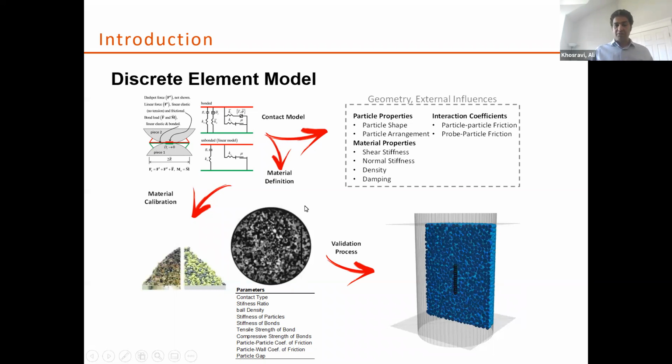We have model calibration, which is a process performed by comparison of the numerical simulation of an element scale test, unconfined compressive mostly, with real experiments. And then we have the validation process, using the calibrated model parameters for a larger scale experiment.